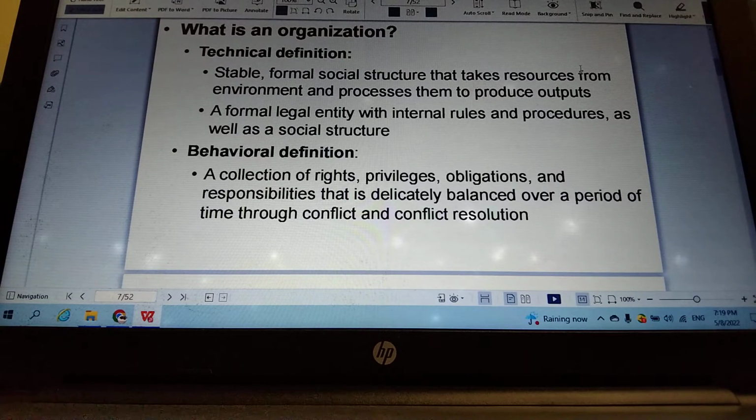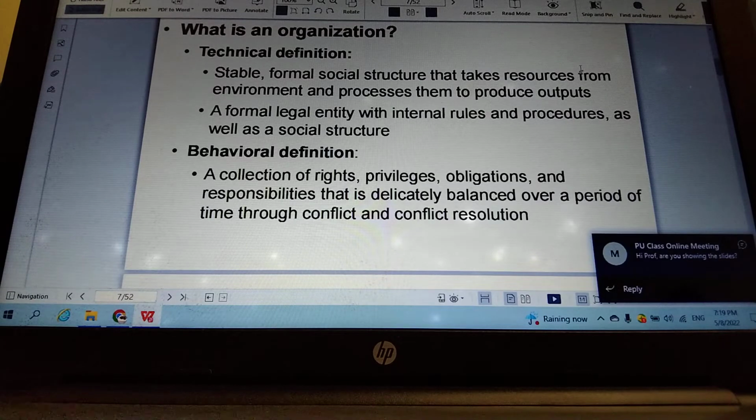It says a collection of rights. It could be people's rights, consumer rights, customer rights, and so on. Privileges, obligations, and responsibilities of everyone involved, over a period of time through conflict and conflict resolution.